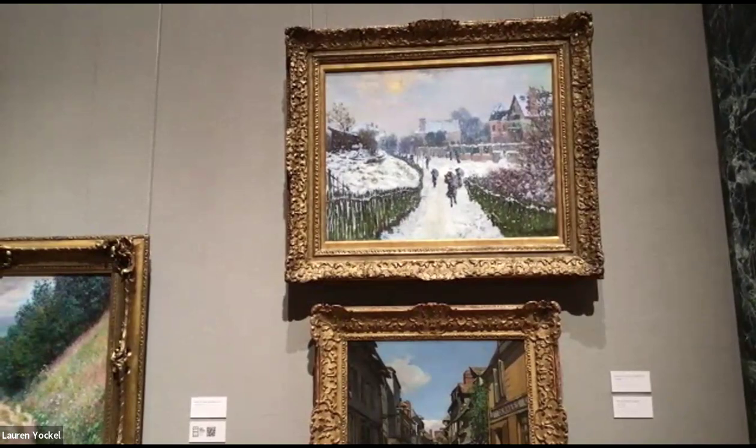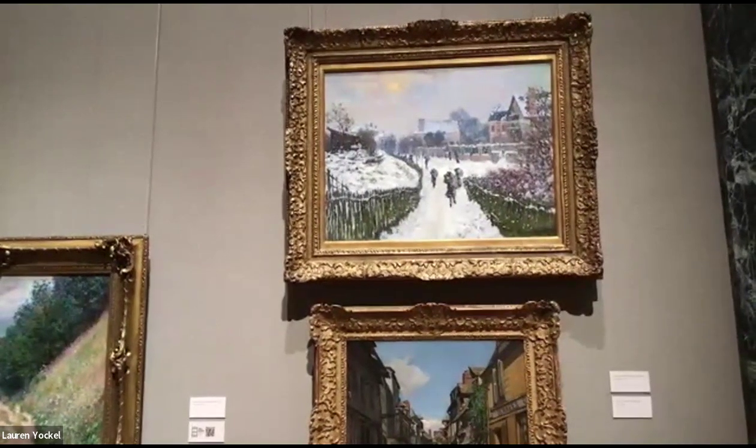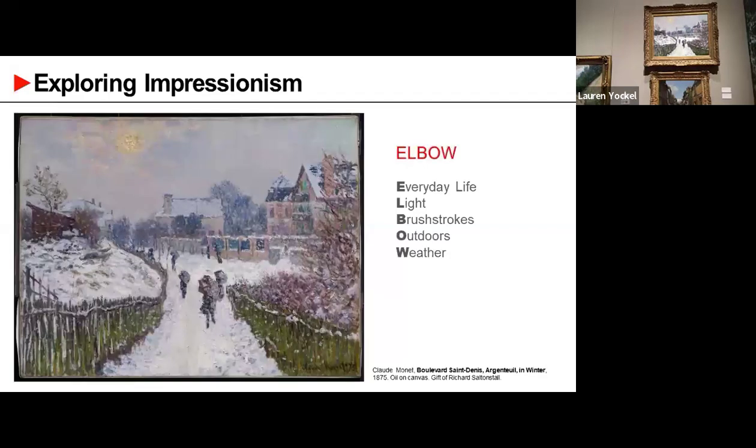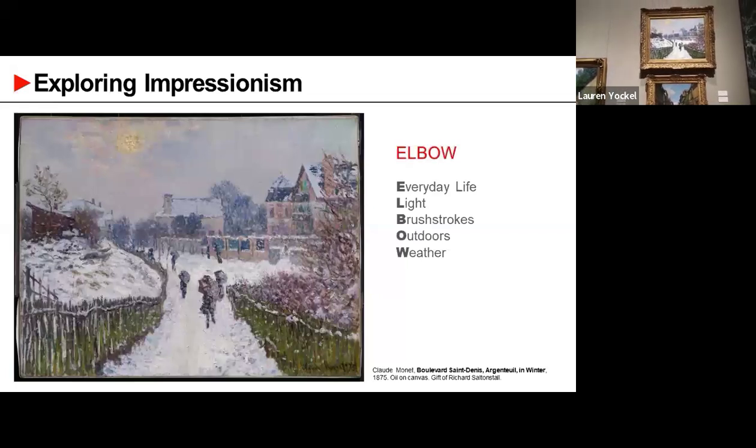Let's see here. Here we go. And next to the image of the painting, I have something that is going to help us learn a little bit about Impressionism today. So I have the word elbow on the screen, and you might be thinking, why are we talking about elbows? We're here to talk about art.